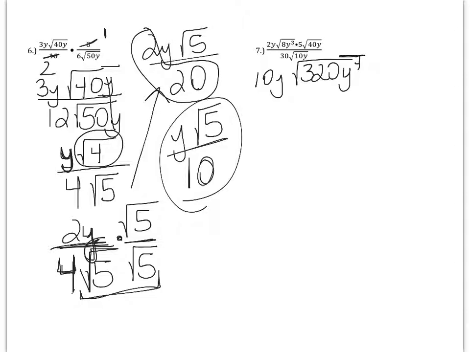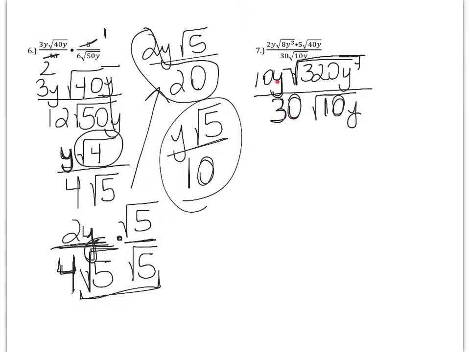And so I do know that I'm going to have to simplify that, but because I am now dividing this whole thing by 30 square root of 10y, I am going to reduce first. So let's start with this 10 over 30. Well, that reduces to 1/3, and there's a y there.